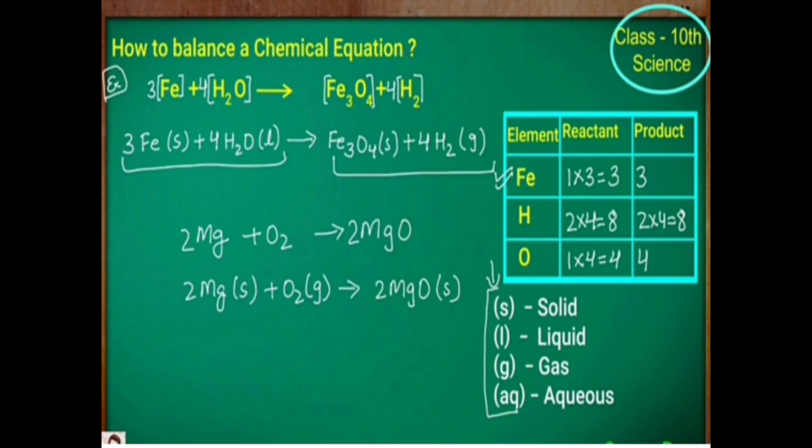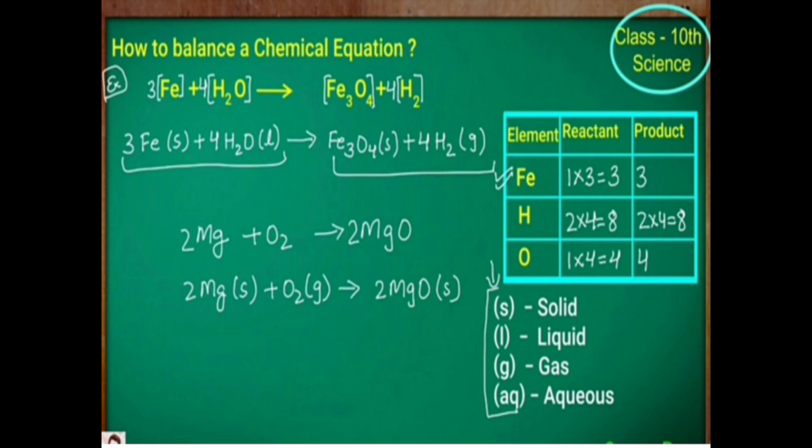So here in the reactant side, iron contains only 1 atom, or there is only 1 molecule of iron. And on the product side there are 3 molecules of iron, or we can say 3 atoms of iron are there. So here we will write 1 on the reactant side, and on the product side we will write down 3. Then we will come to hydrogen. Here, as we can see, that in H2O there are 2 molecules of hydrogen.